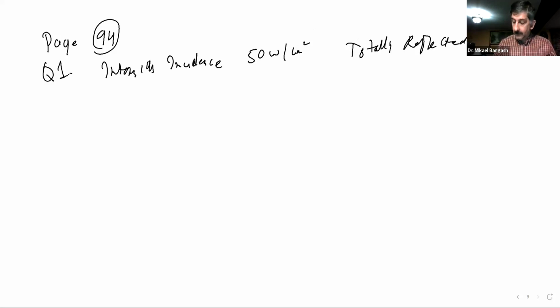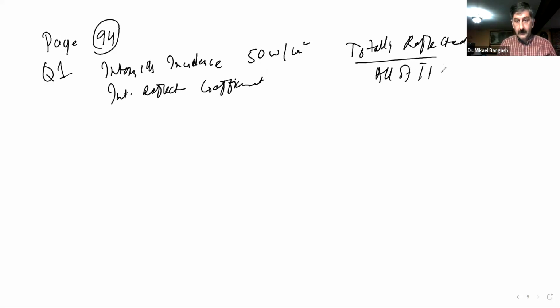Right. Now, what they ask you here is, what is the intensity reflection coefficient? If it's totally reflected, all of it is reflected.